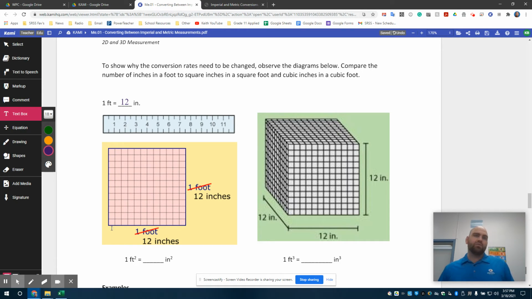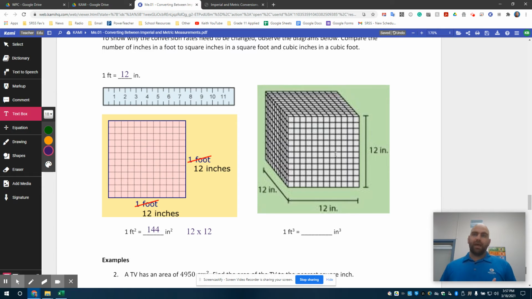We need 12 rows of 12, which means that there are 144 square inches in a square foot. That is 12 times 12. So even though there's only 12 inches in a foot, there are 144 little squares in here.